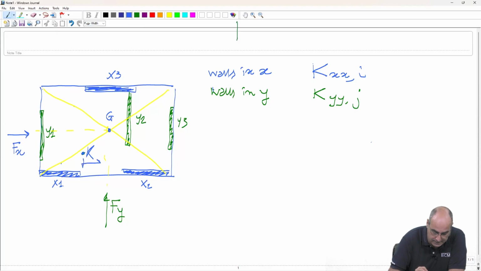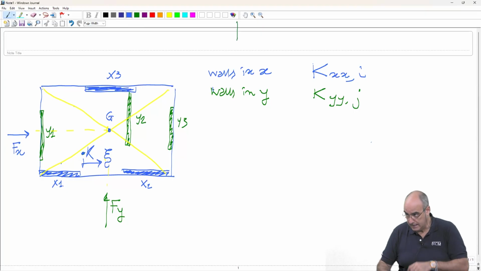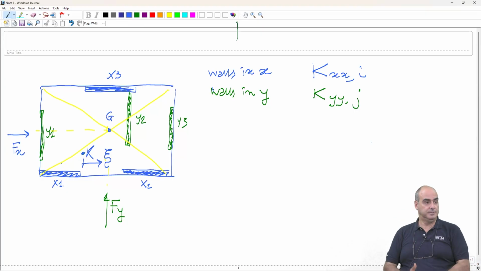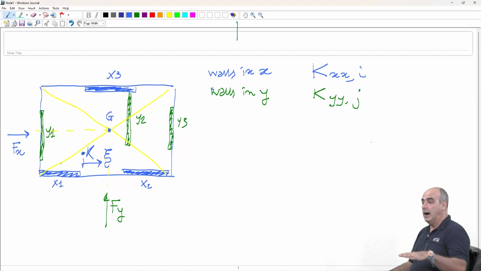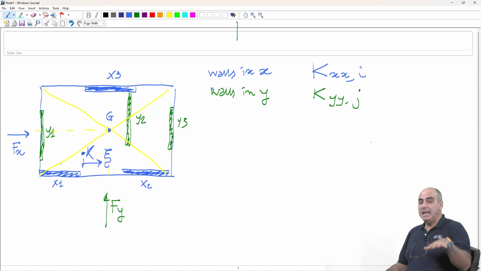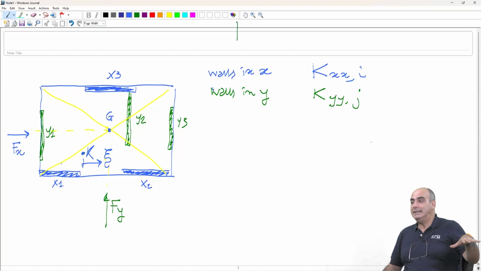You can expect a motion that we call with the Greek letter xi in this direction. But if the floor is infinitely stiff, what does this mean? It means that all the elements of the lateral load resisting system undergo the same displacement xi.